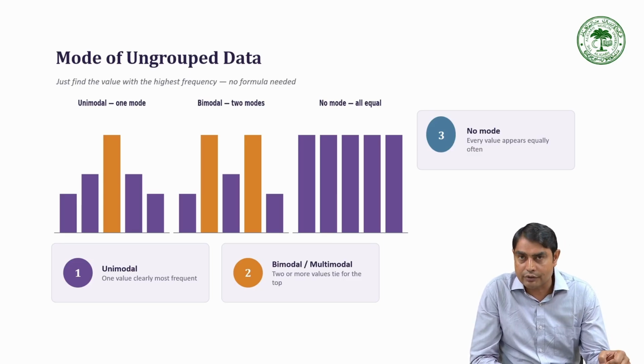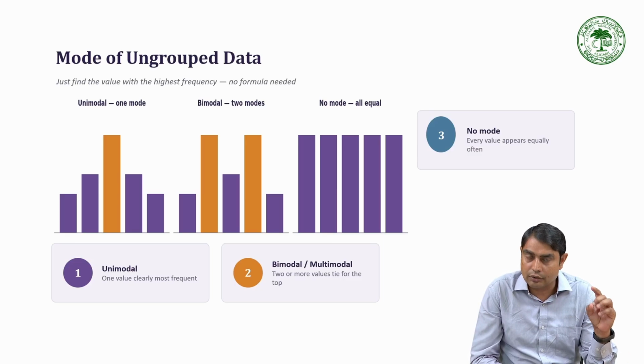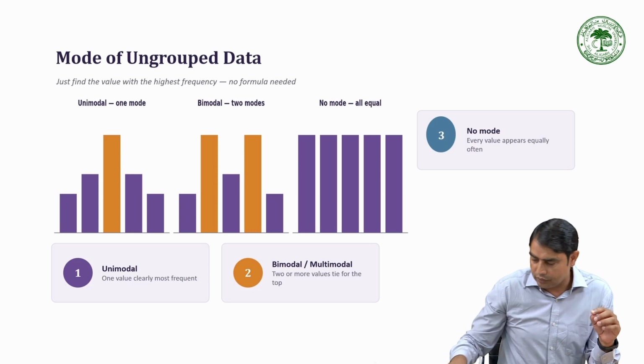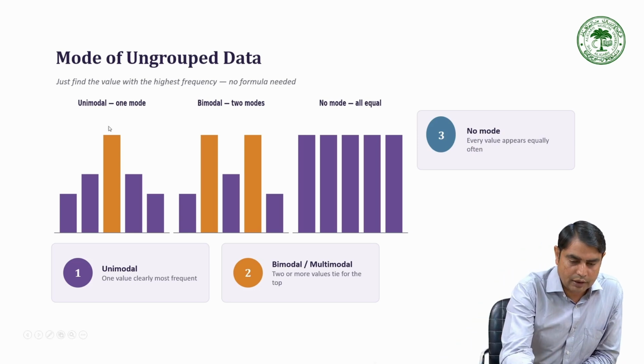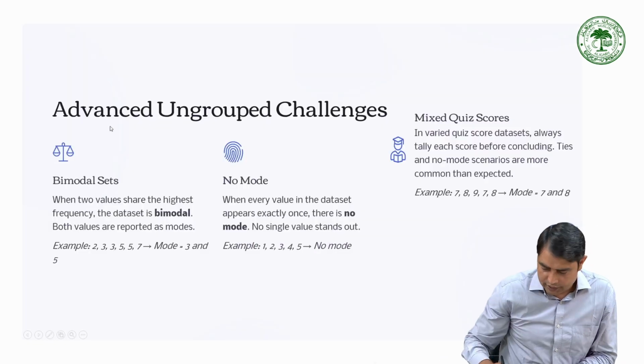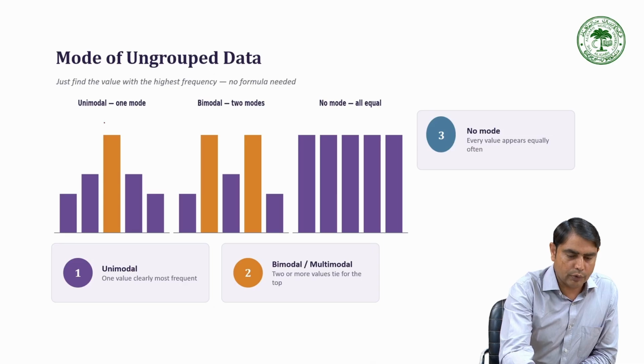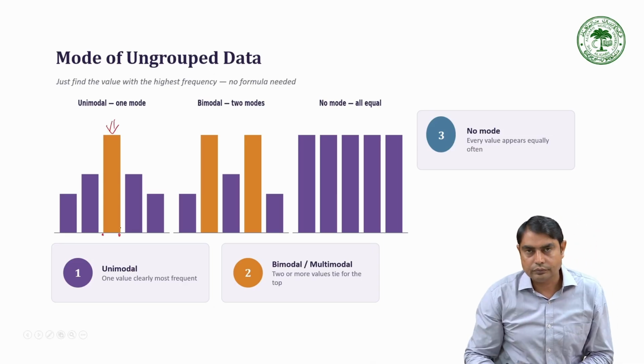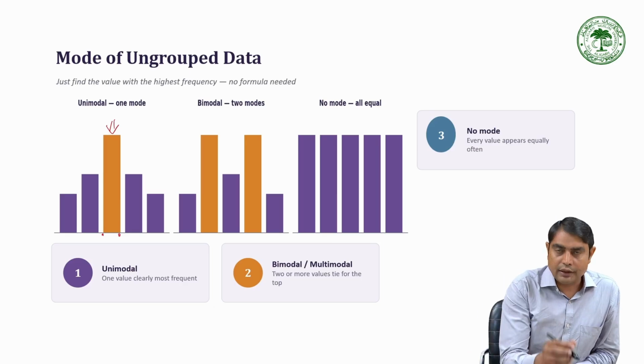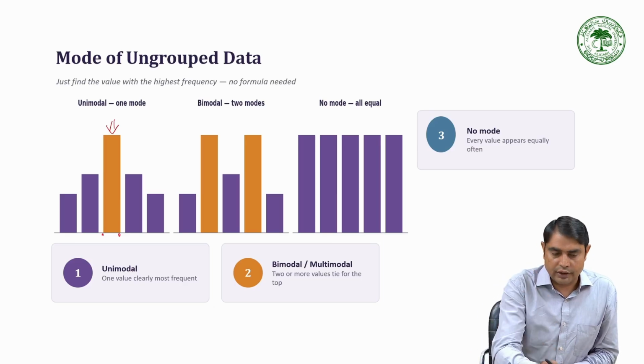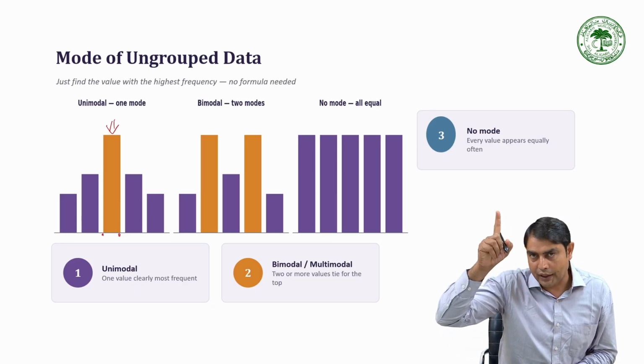Even if it is continuous data, the bar with the highest peak is your modal range. There is only one range which has the highest value.